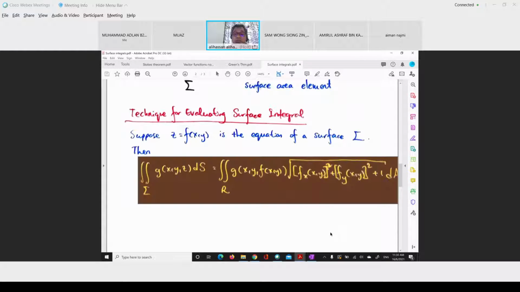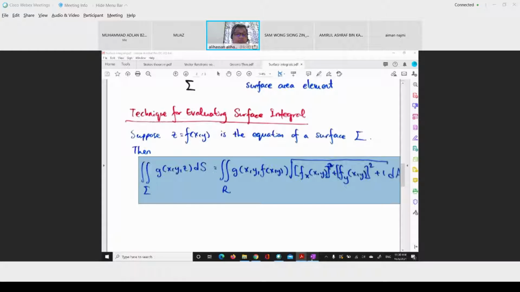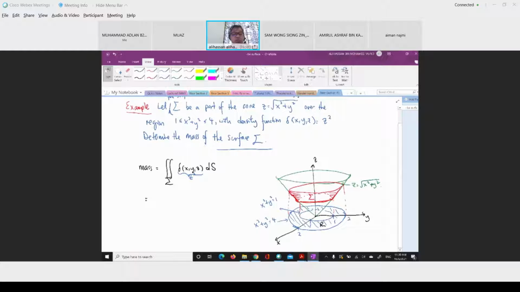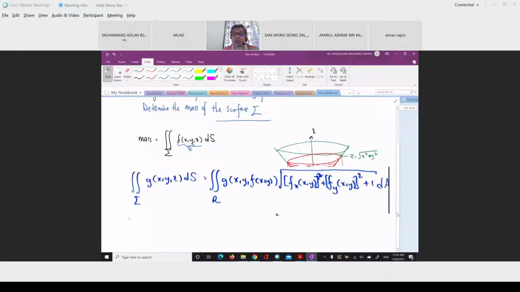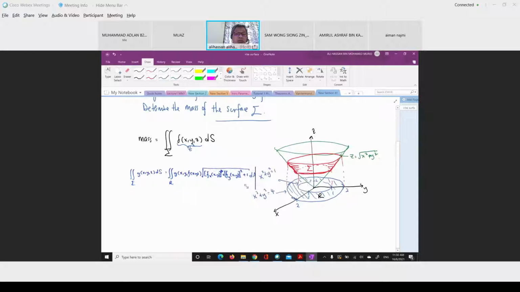Let me paste it here and make it smaller. So we recall this formula to evaluate the surface integral here.